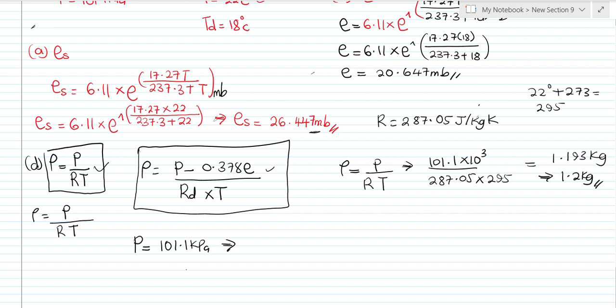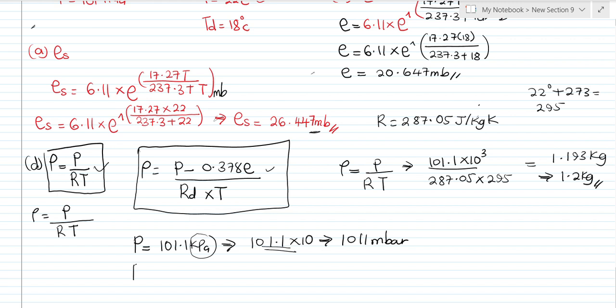If I want to convert pressure to millibar, I just multiply it by 10. That gives me about 101 millibar. That is changing the unit from kilopascal to millibar, right? Now I can use this equation.